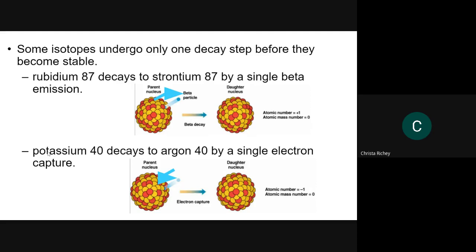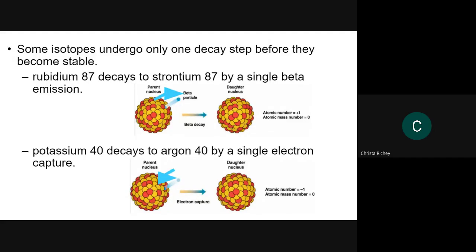Potassium to argon: if it goes from potassium, which is letter K, to argon, in order to go up a level, then you have changed a proton to a neutron, which means you must have captured an electron. Here's the issue with y'all.